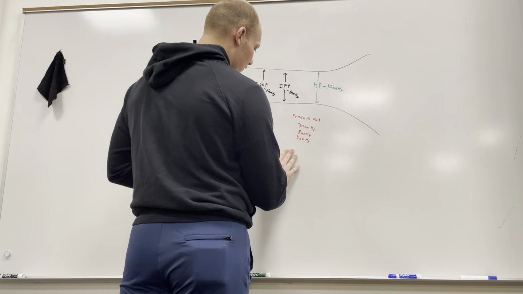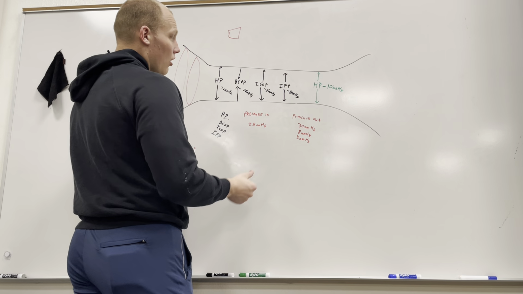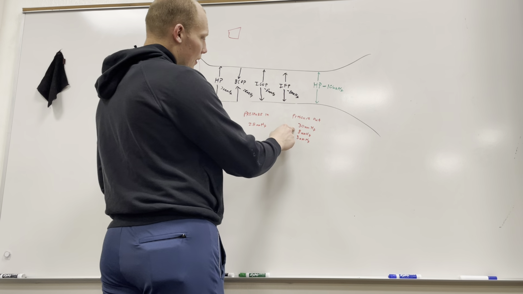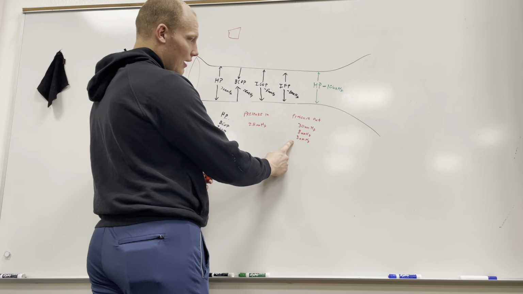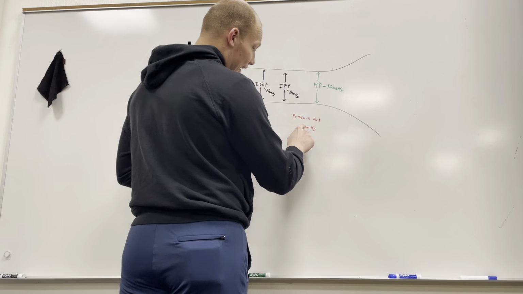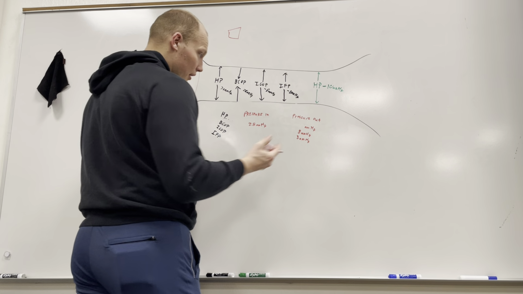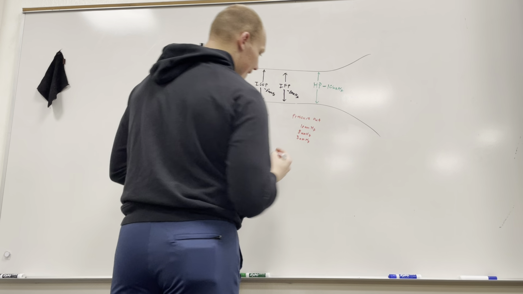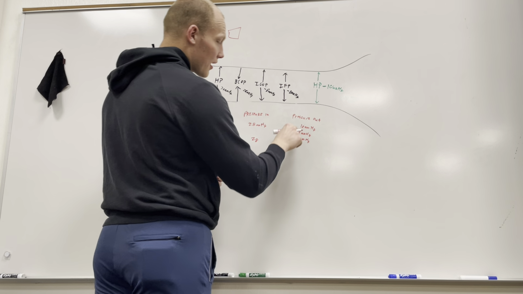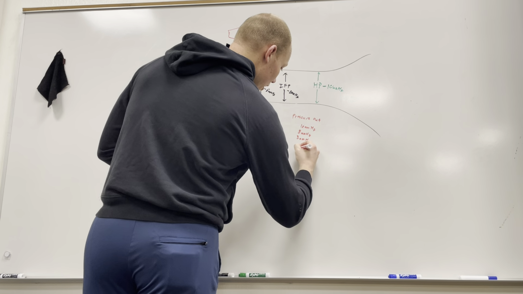However, if we were to look at the vein side of things, we now have pressure in stays at 28. ICOP doesn't change. IFP doesn't change. However, hydrostatic pressure, that drops down to 10. So now if we were to do this, we still have 28 over here, but over here we have 21.